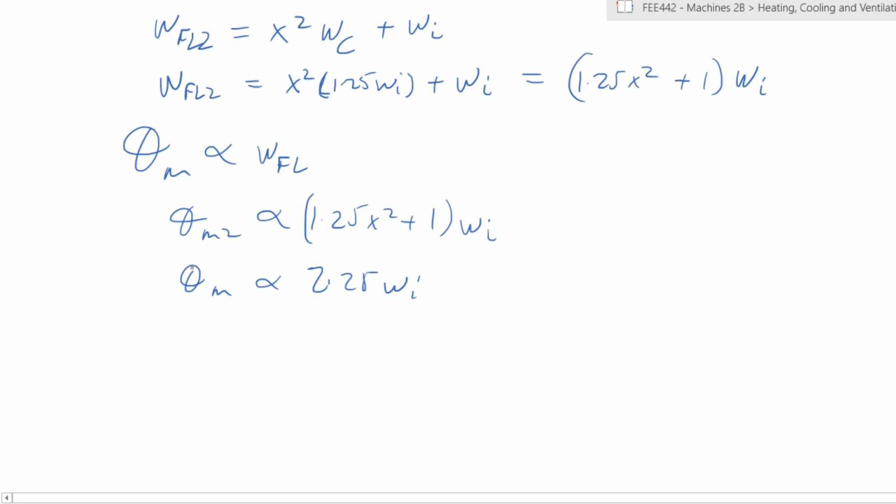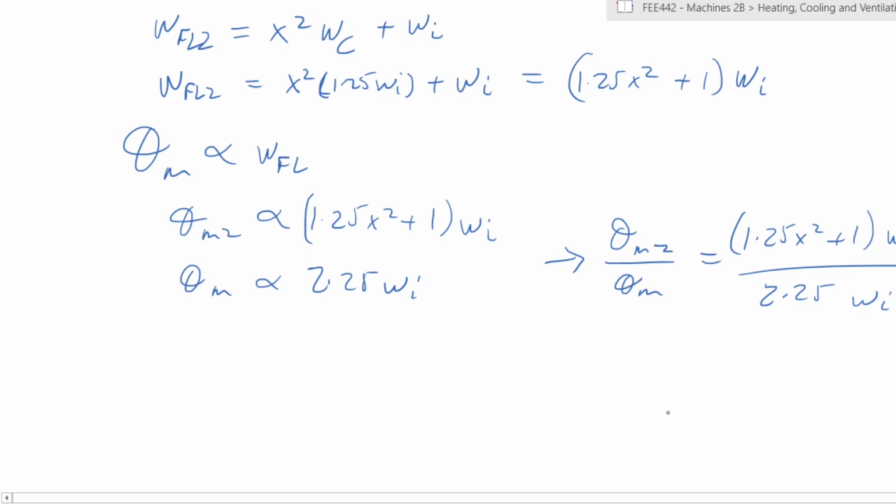So the ratio of these two, theta m2 over theta m, will be equal to 1.25 X squared plus 1 WI over 2.25 WI, right?